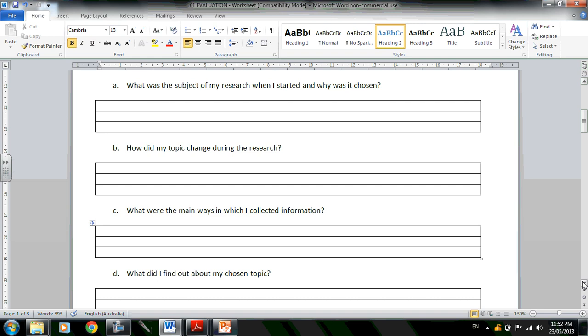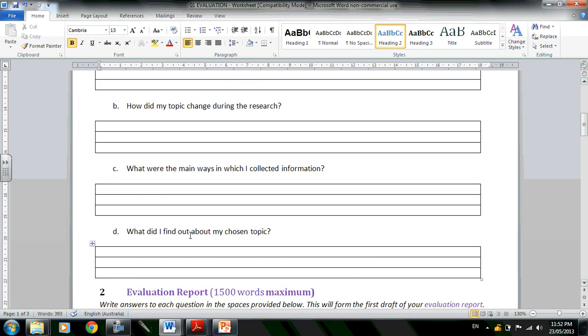What kind of primary, what kind of secondary? Just words, don't spend the words there. And this is what you need to dedicate most of your words to. What did you find about your topic, your question? How has it changed your thoughts, how has it helped you grow?